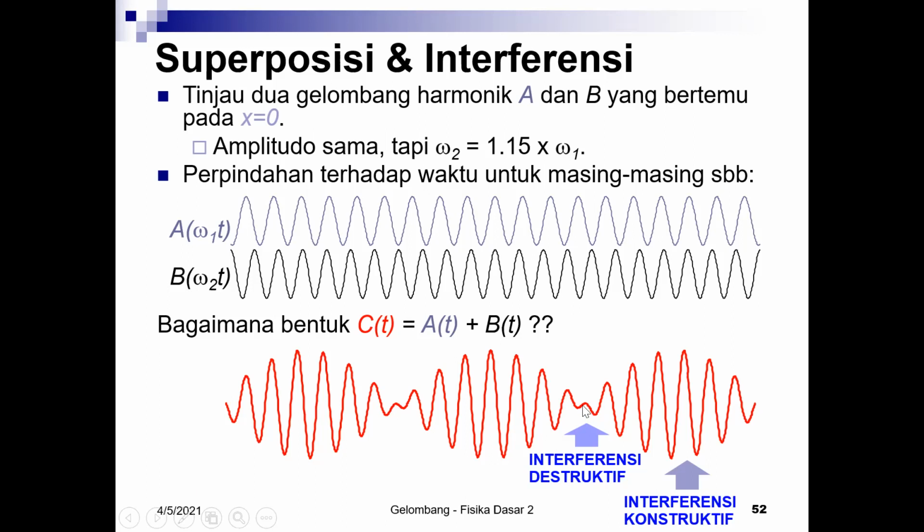This is the minimum here. We call it destructive interference because we have the smallest amplitude, near zero, and then this is the maximal or constructive interference, because the amplitude is largest.